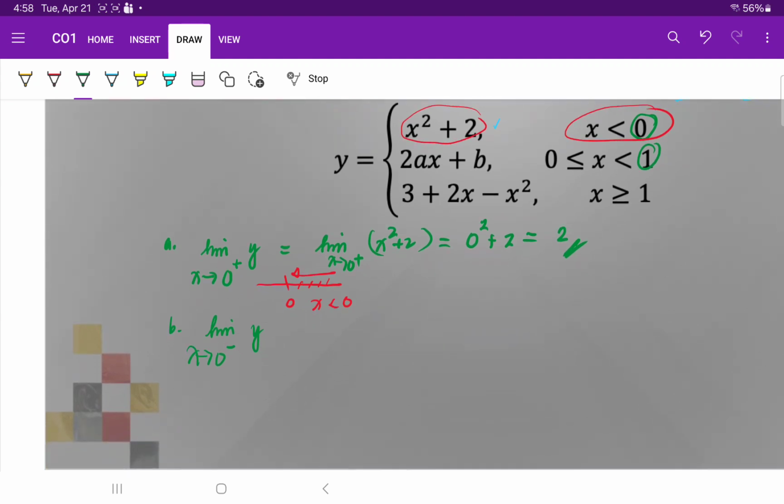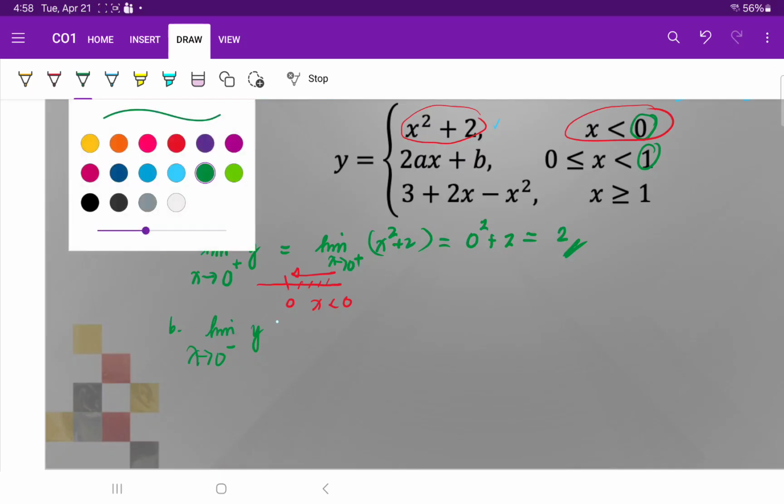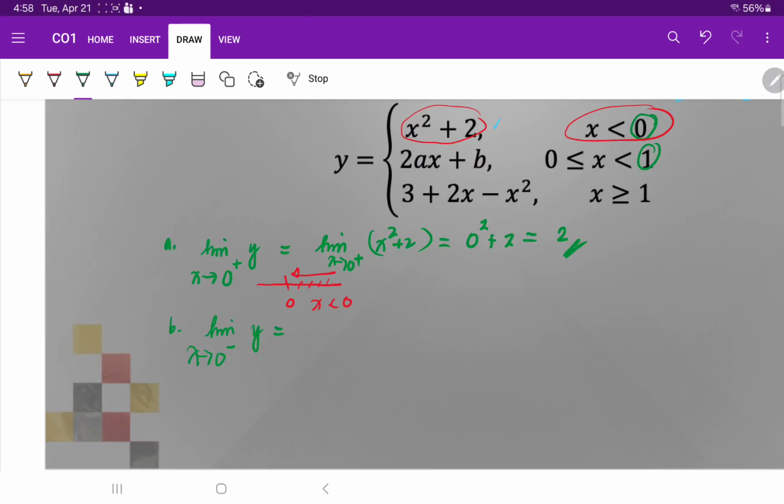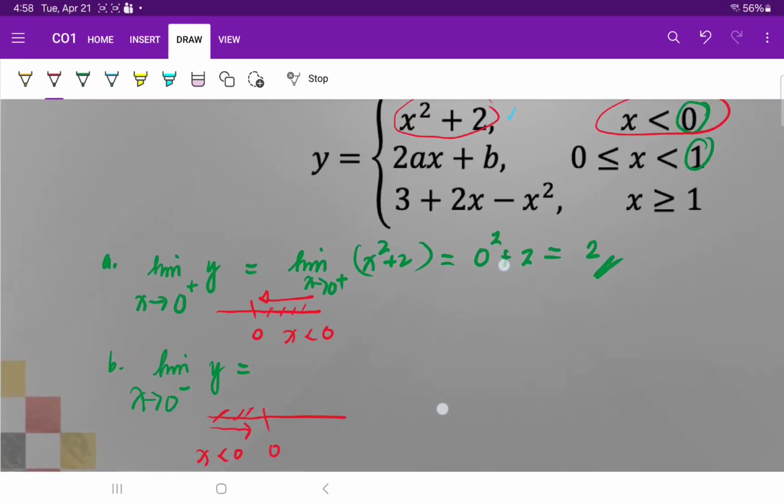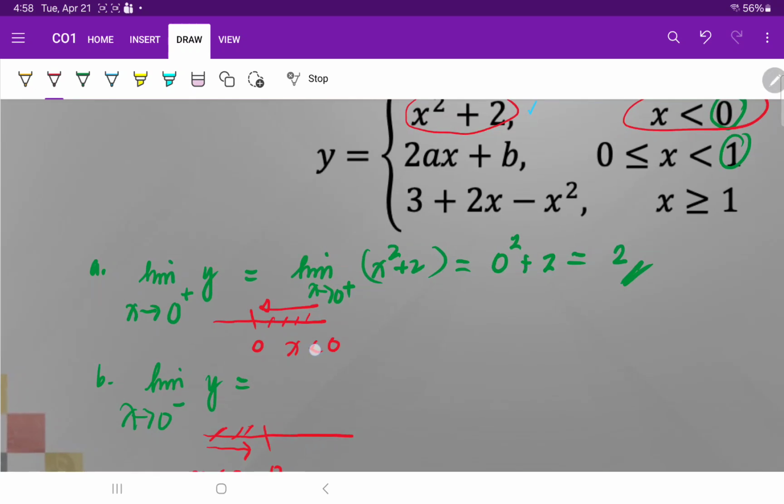Now, let's solve for the limit as x approaches 0 coming from the left. Take note that if you'll be coming from the left of 0, these are your numbers, and this is less than 0. Hold on. I did something wrong on the first one. There's something wrong with this one.